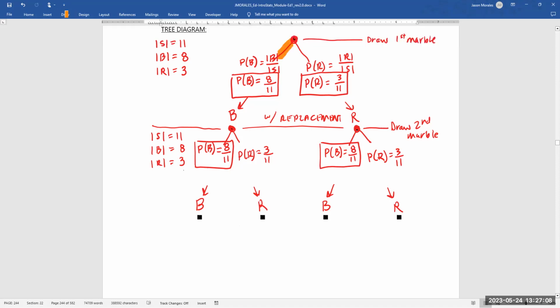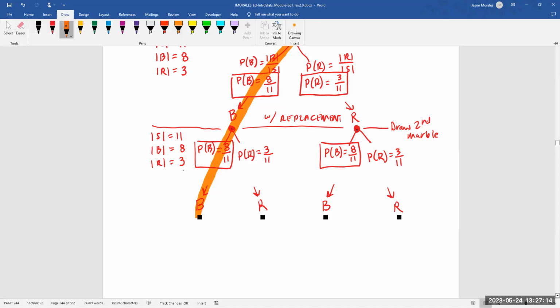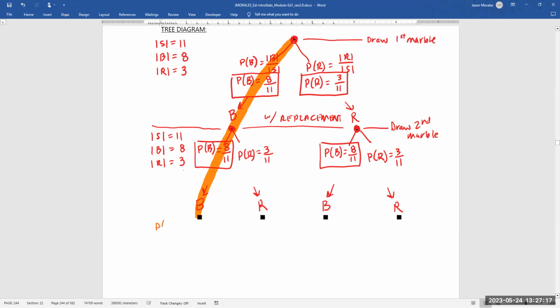So if we were going to go down this connective branch of our probability tree, that is going to be the probability of getting blue and blue, which would be the probability of B intersect B, and that's equal to the probability of B times the probability of B. And so the probability of blue was 8 out of 11 times the probability of B again, which was also 8 out of 11.